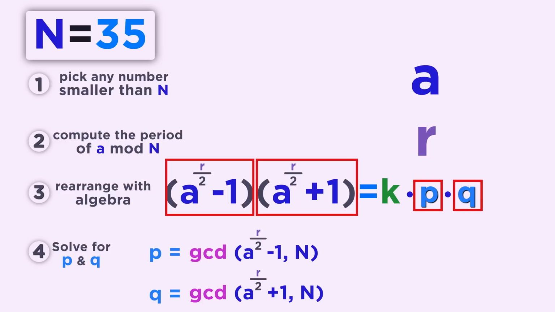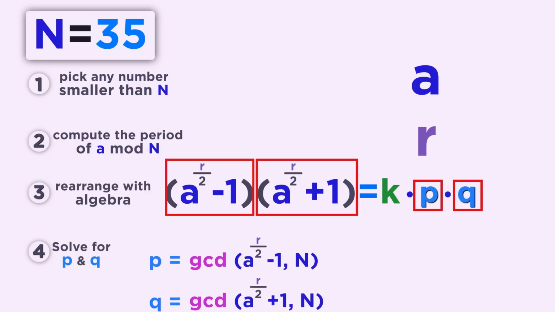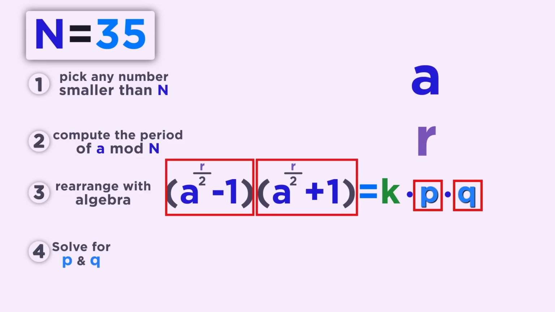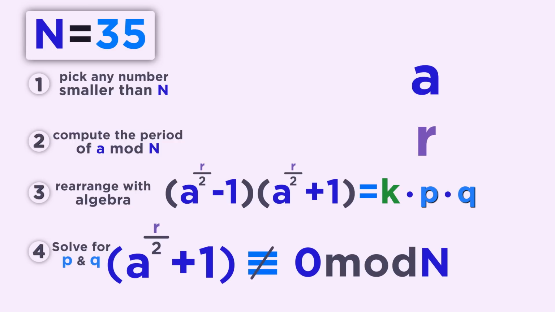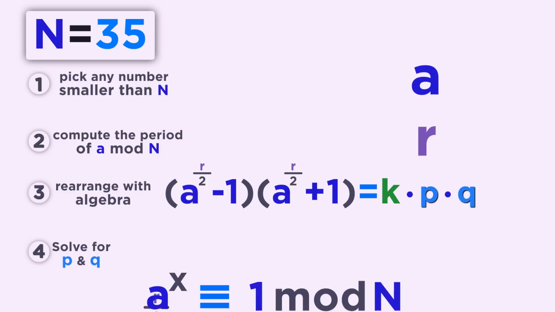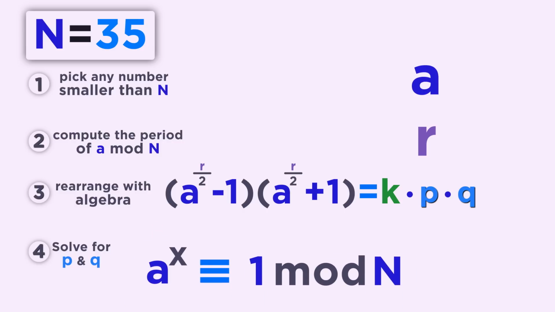But they cannot divide the same factor, since that factor would be divisible by n. Why is neither factor divisible by n? For one, we assumed a to the r over 2 plus 1 is not congruent to 0 mod n. For the other, we know r is the minimum value of x such that a to the x is congruent to 1 mod n.